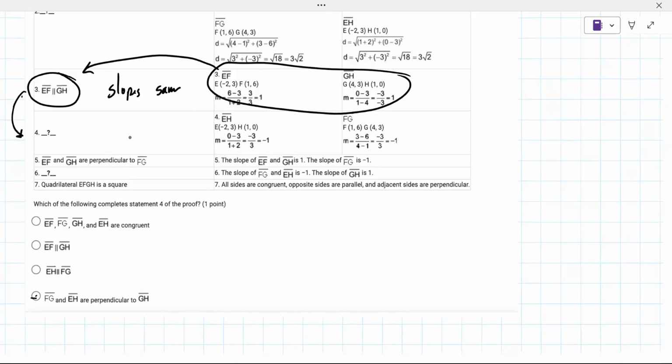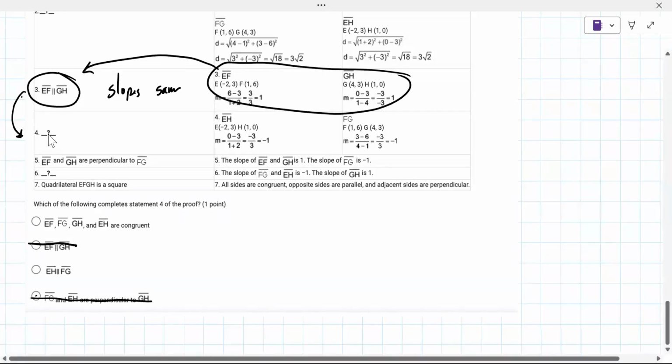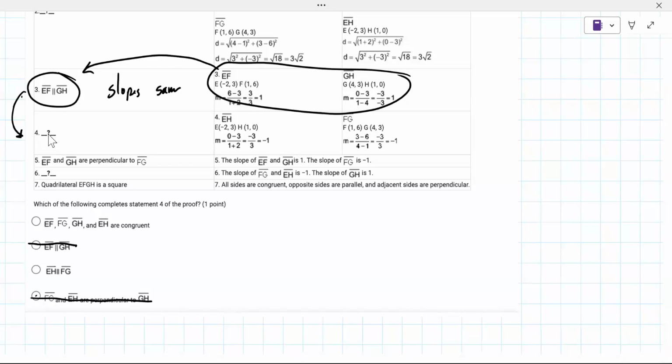Okay, they're not perpendicular. You can also rule out this one because it's the exact same thing that's in three. You wouldn't have the same statement twice in a row. The EH, if you went FG.